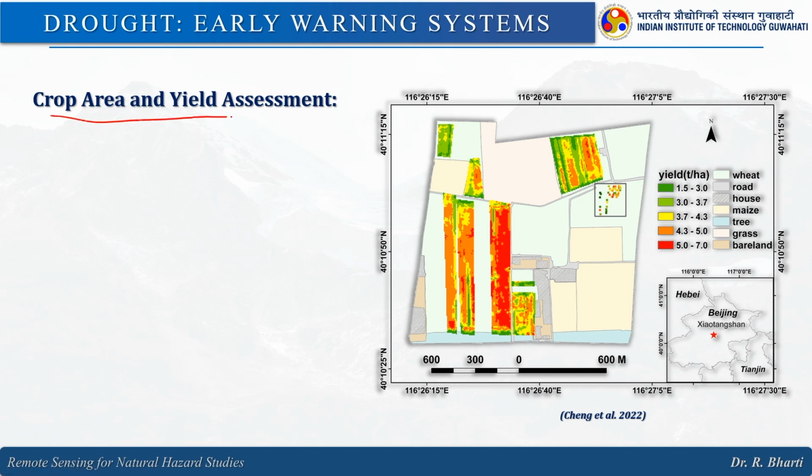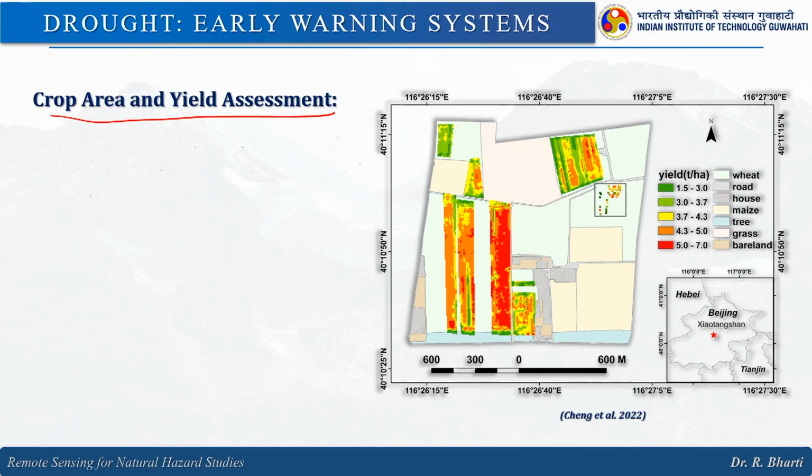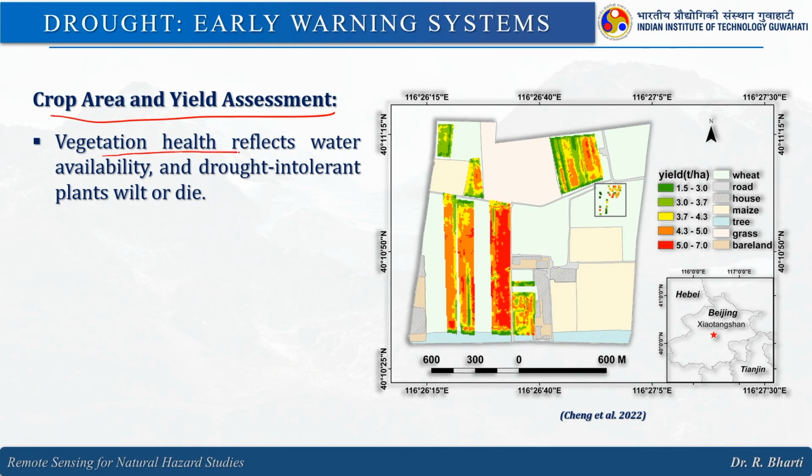Crop area and yield assessment, that is also important, because ultimately this agriculture drought is going to affect the whole population, right. Directly or indirectly we all are getting affected. So, here the vegetation health reflects water availability, and drought intolerant plants wilt or die.